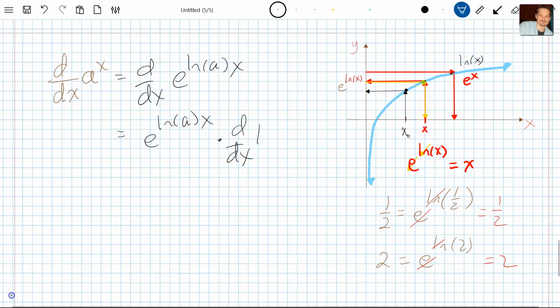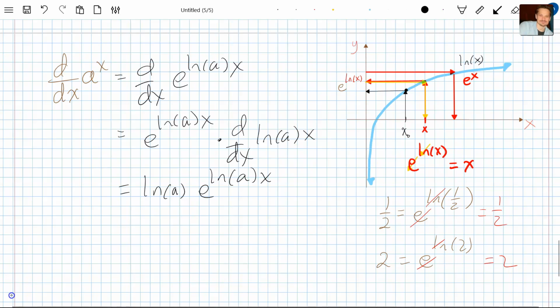So that's going to be the derivative of ln a^x. Remember that ln a is a constant because a is a constant. x is the variable here. So it allows me to pull the ln a outside, copy the e to the ln a^x, and then when you differentiate this portion right here, that's just 1, so that goes away.